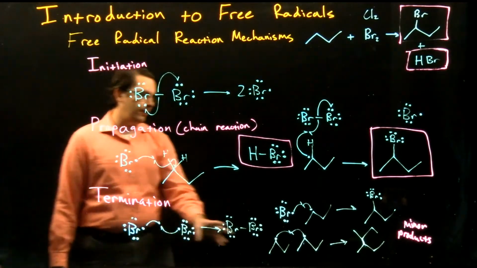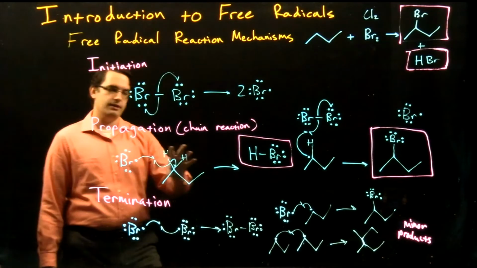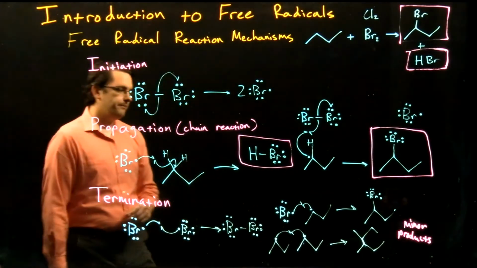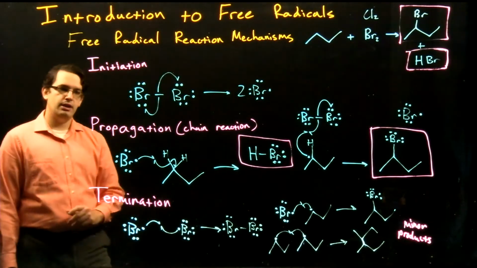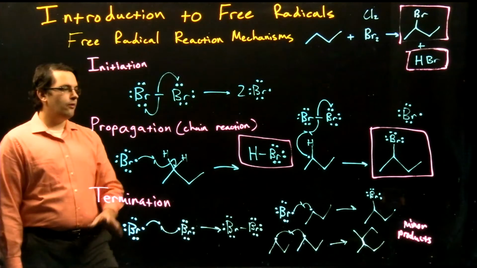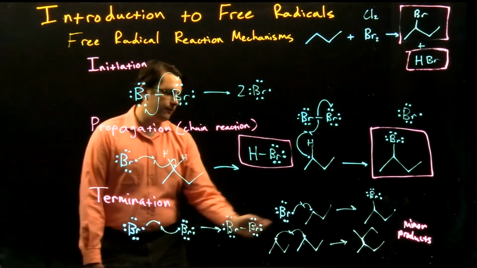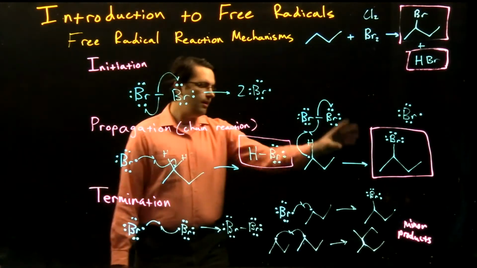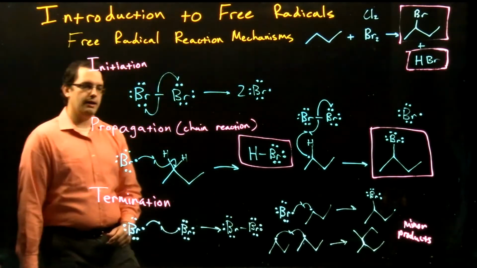And so they would react with those and terminate them and prevent these sort of chain reactions of propagation from continuing and producing those dangerous products. So if we want to stop the reaction, we want to encourage termination. If we want the reaction to continue, we encourage our propagation. We want a lower concentration of free radicals, just enough to keep this chain reaction going, but not enough that they're running into each other and terminating and ending the reaction.